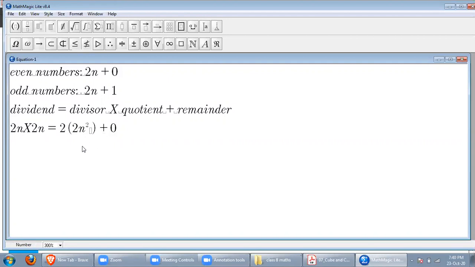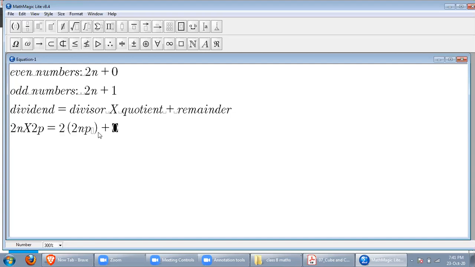If these were different numbers, say instead of 2n I write 2p, then it will be 2n into 2p. This means there are different even numbers, not the same even number. I can express it with a divisor of 2, putting 2 and np within the bracket.